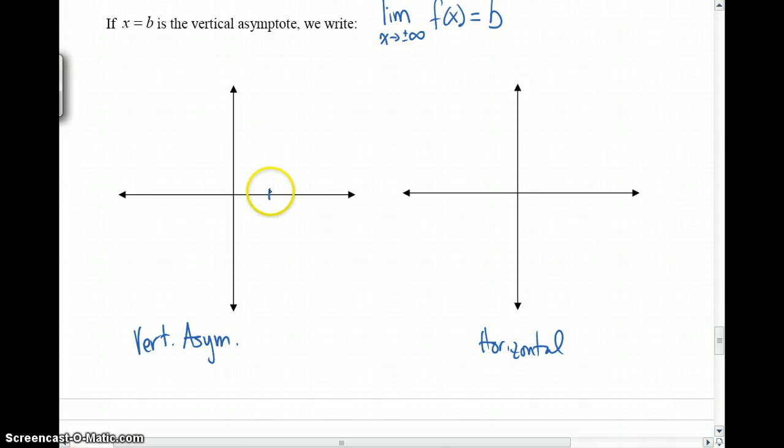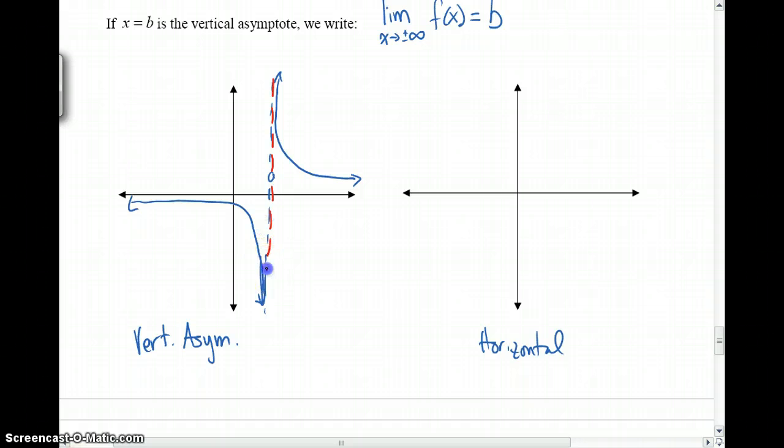If I have my value a here, and I draw a dotted line for that vertical asymptote, that's x equals some value, my graph will shoot off, will approach but never cross that line. So this dotted, dashed line, however you want to call it, is sort of a no-fly zone. Nothing can go there.